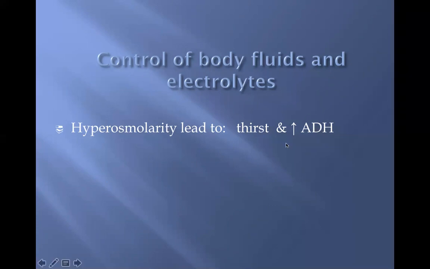This is the body's defense mechanism, causing first thirst, the feeling of thirst that returns the osmolarity towards normal after drinking water, and second, an increase in the secretion of antidiuretic hormone to prevent the excretion of fluid and keep it in our body, to counteract the increase in the osmolarity and return it towards its normal value.